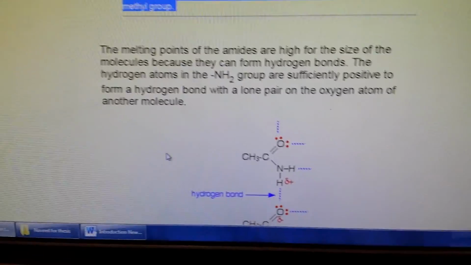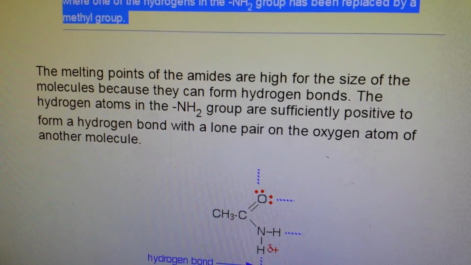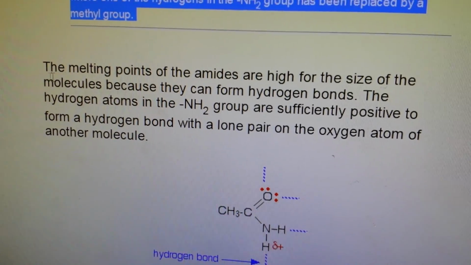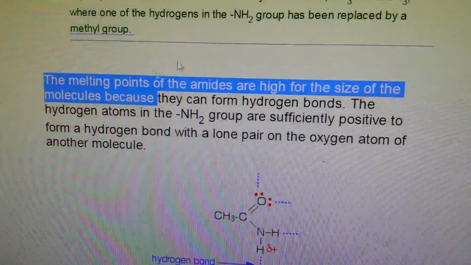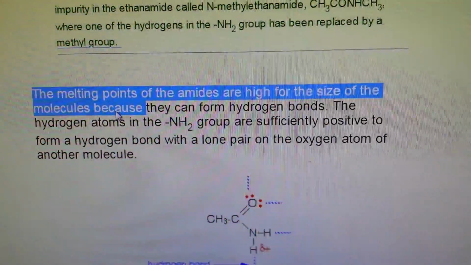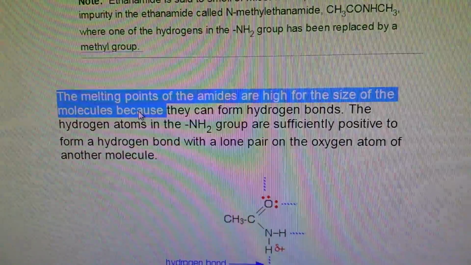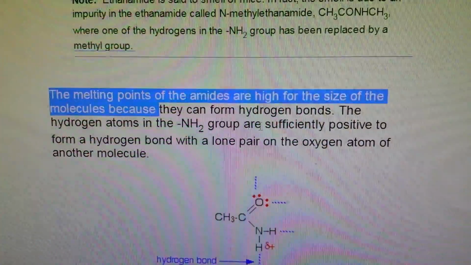Now we'll go further. We want to learn more. So the melting point. The melting point of amides is higher for the size of the molecules. It means the melting point is quite high. Why? They can form hydrogen bonds.